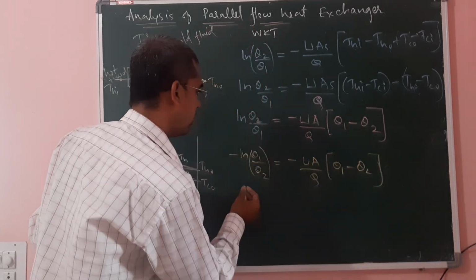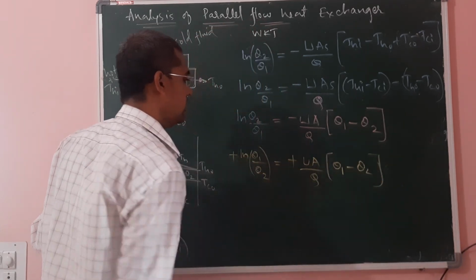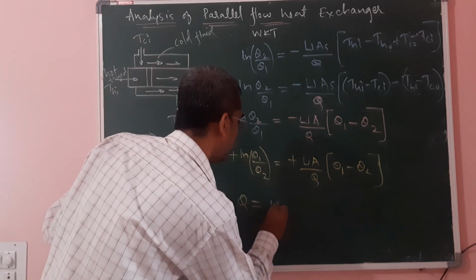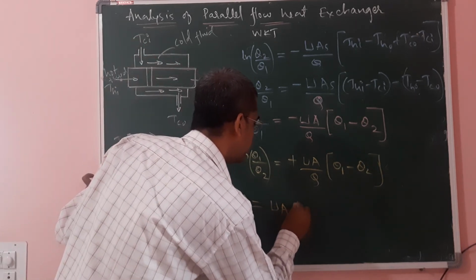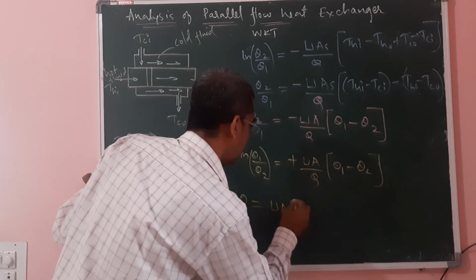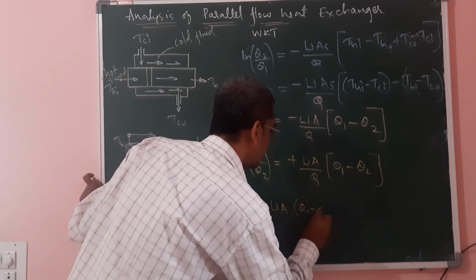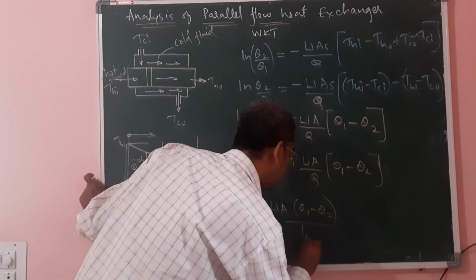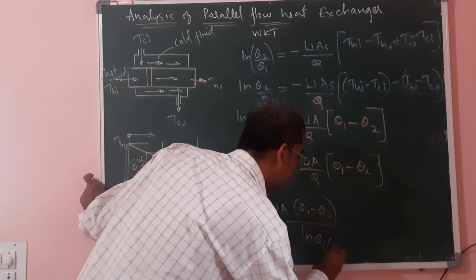Therefore, the minus and minus cancel, and it becomes plus. Q is equal to UA_s into theta 1 minus theta 2 divided by ln of theta 1 by theta 2.